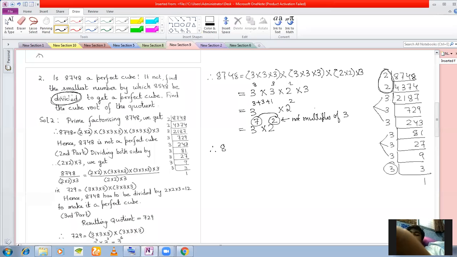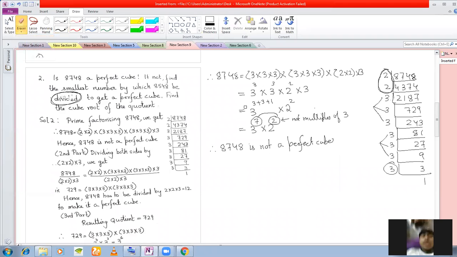So therefore, 8748 is not a perfect cube. In fact, you can conclude from here only, as I said earlier. Fine, so now let us proceed to the next part of the question.